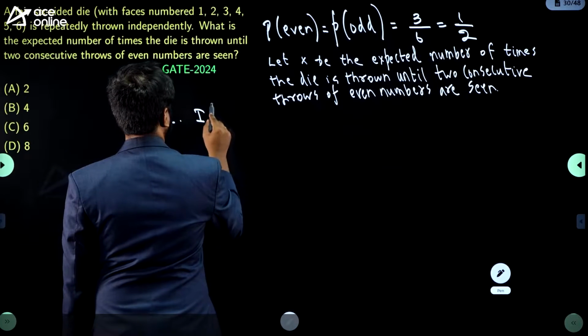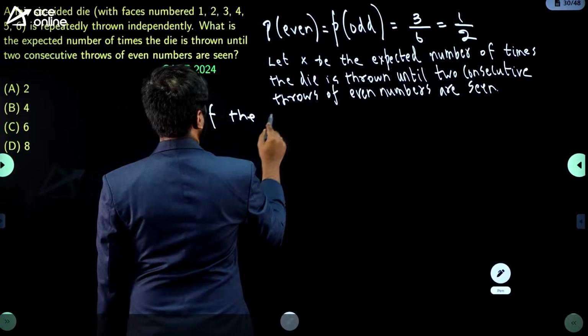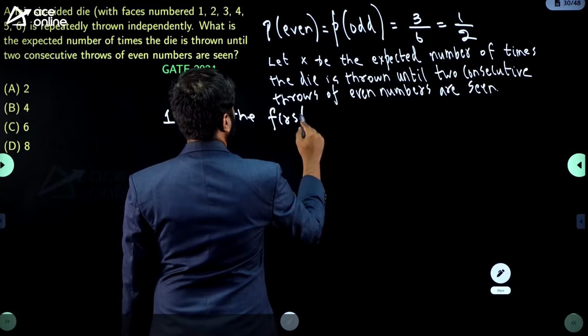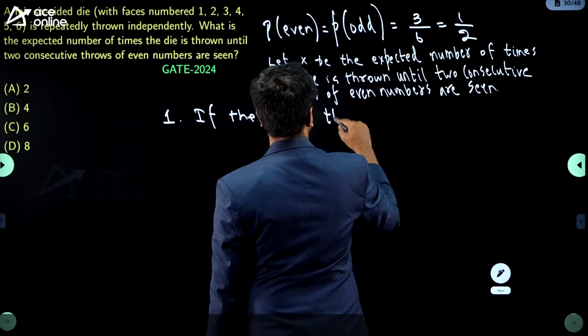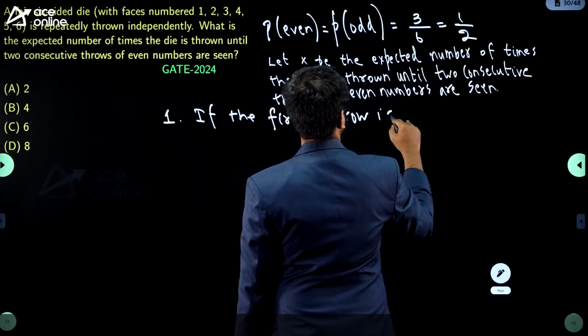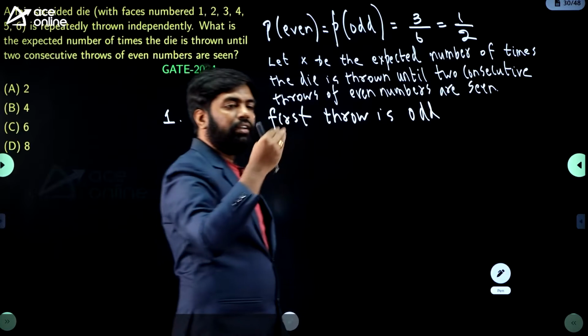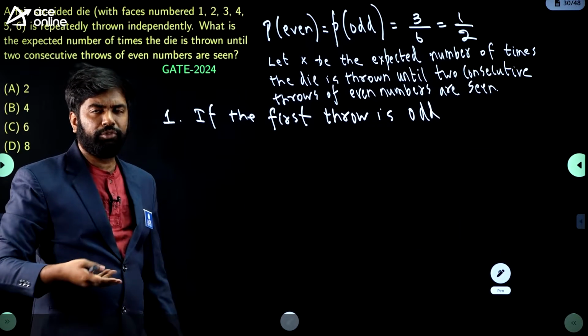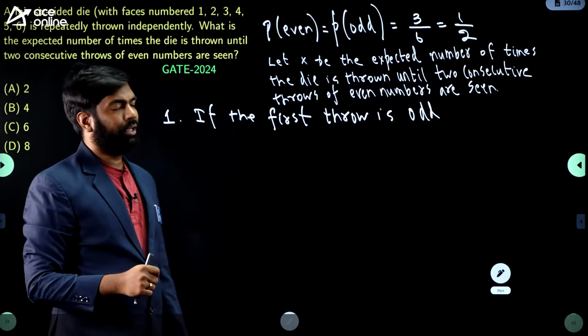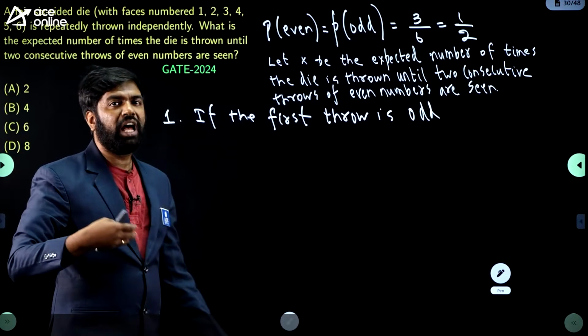If the first throw is, let us say, an odd number. So you started this experiment and you tossed it, but you have seen an odd number. So what is our intention?